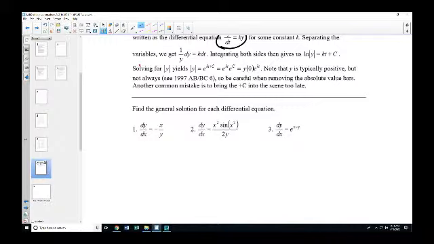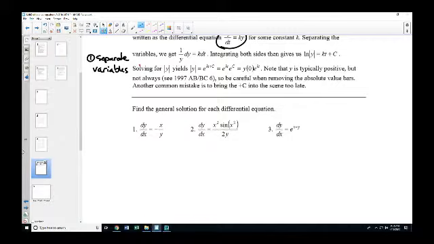So the first thing you have to do when you're solving a differential is separate the variables. Put the y's on one side and the x's on the other. So we split them up, which makes it easier instead of trying to do it all at once.